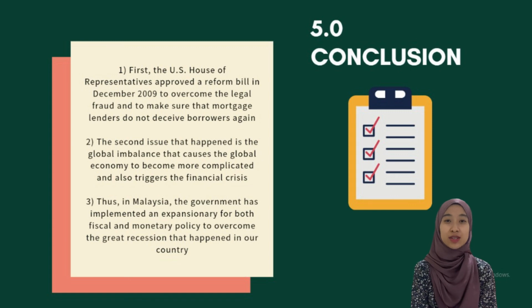For expansionary monetary policy, Bank Negara Malaysia controls the money supply in the market by cutting down the interest rate. When the interest rate decreases, the total amount of borrowing will increase and the money supply will increase accordingly.